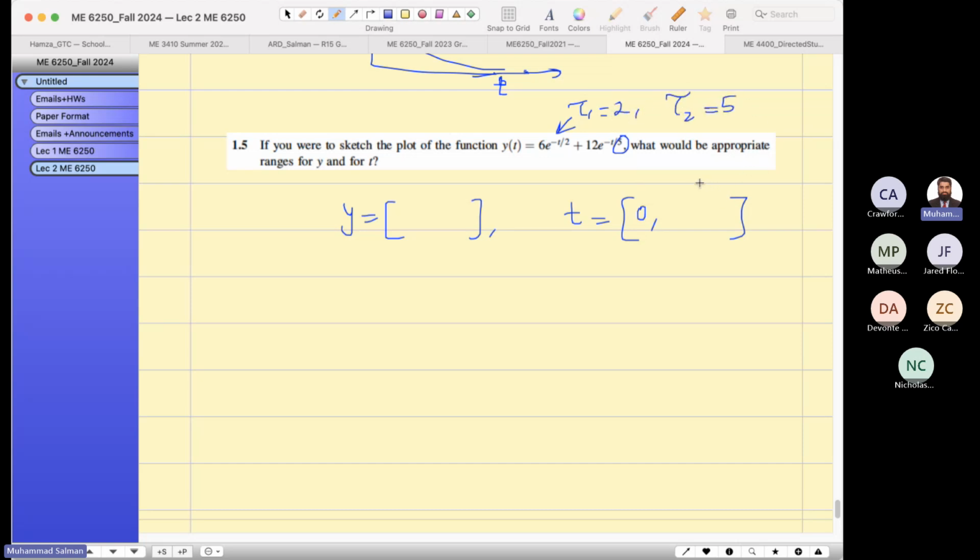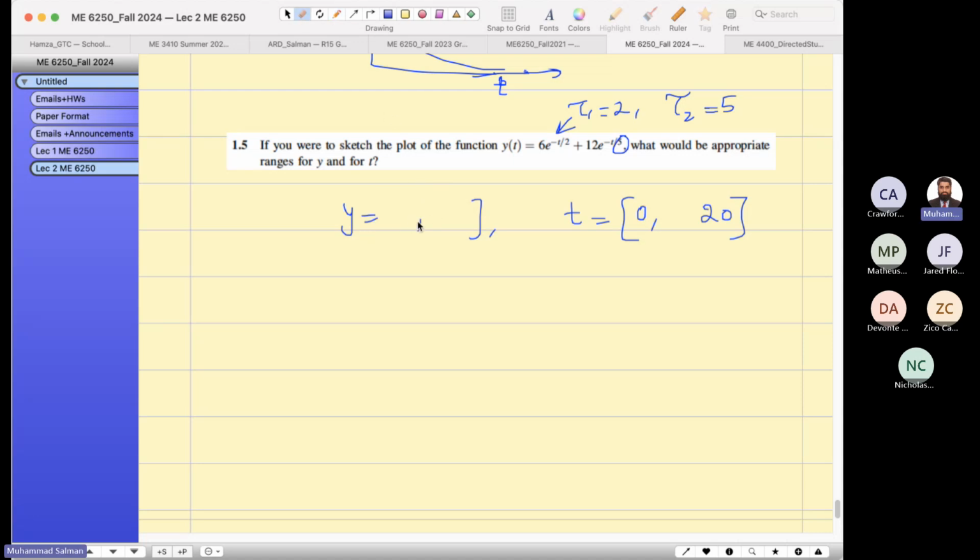We have to multiply the largest tau by 4, so from 0 to 20, which will completely show the picture of the oscillation over 4 times the time constant. And y will start from 6 plus 12, which is 18.